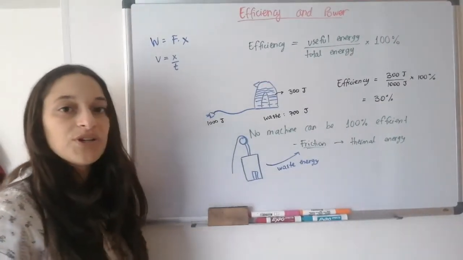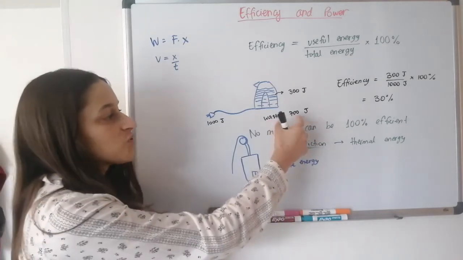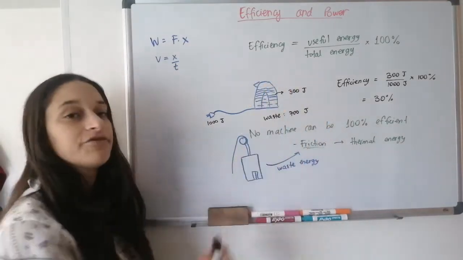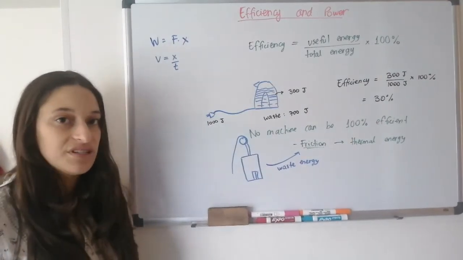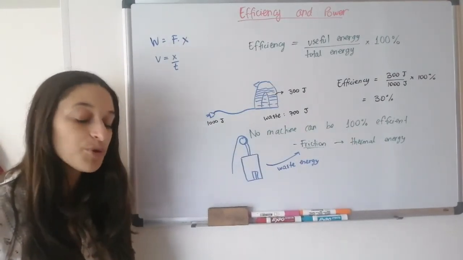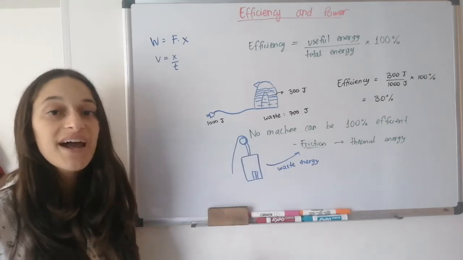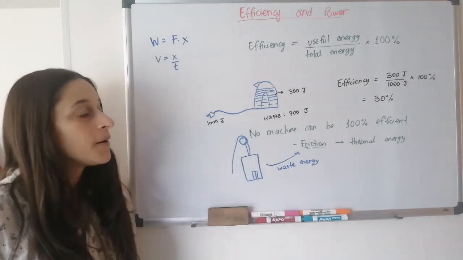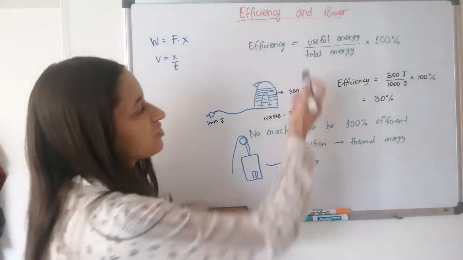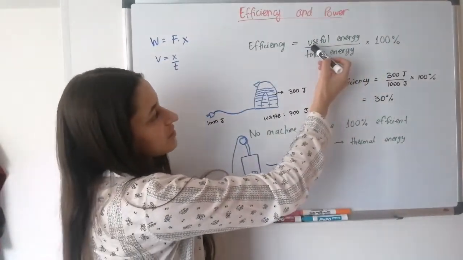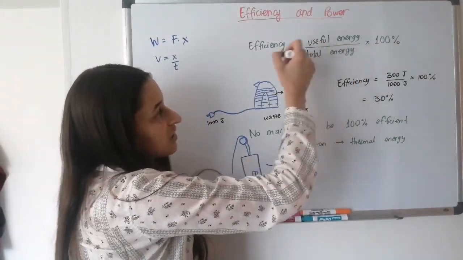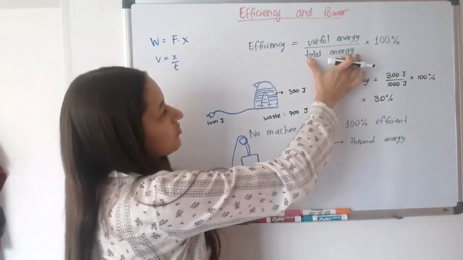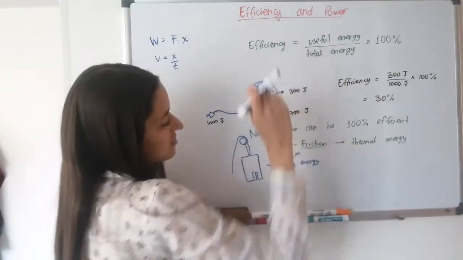And what you want to do when you're building a machine is to reduce this waste so that the useful energy will increase, making the efficiency of your machine increase. That is one of the most important jobs that every engineer has, increasing the efficiency of their machines. You can, of course, solve in this equation if you wanted to figure out the useful energy given by a machine of so-and-so efficiency. You can just pass this to multiply and pass this to divide.